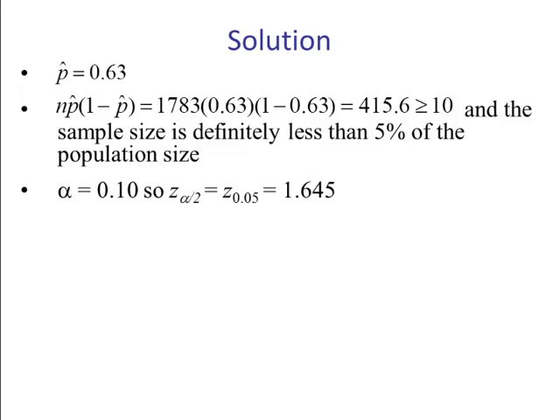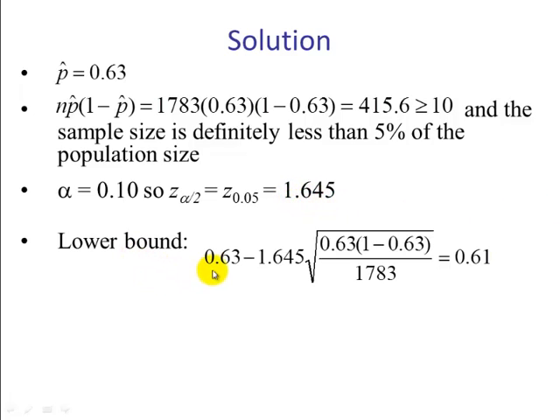Alpha is 0.10 as we are doing a 90% confidence interval. So z alpha divided by 2 is z.05, and we can see from table 5 that this is 1.645. So our lower bound is our point estimate minus our z alpha over 2 times our standard error. And our standard error is the square root of p hat times 1 minus p hat divided by n.